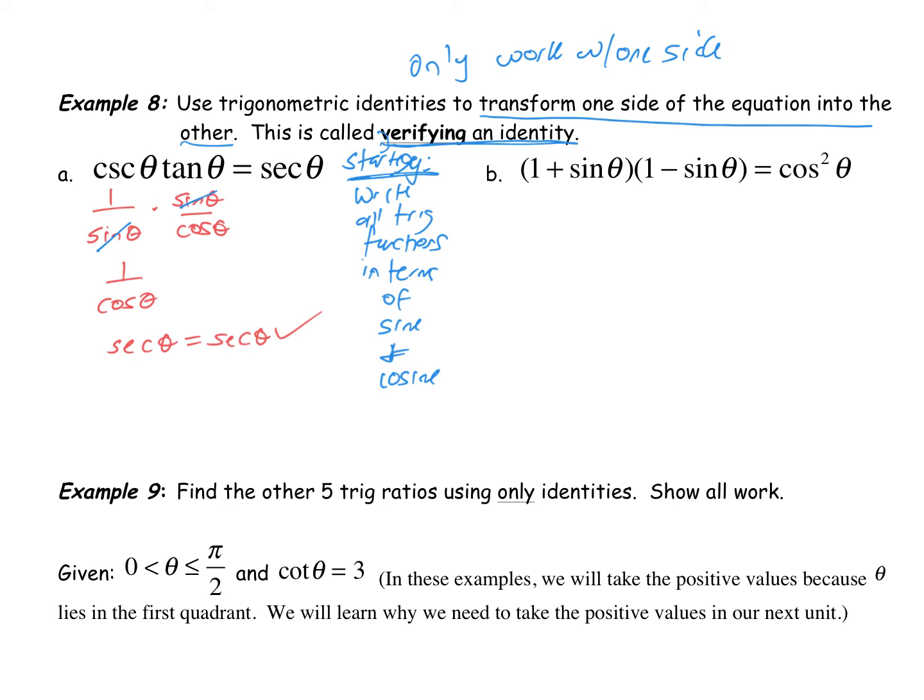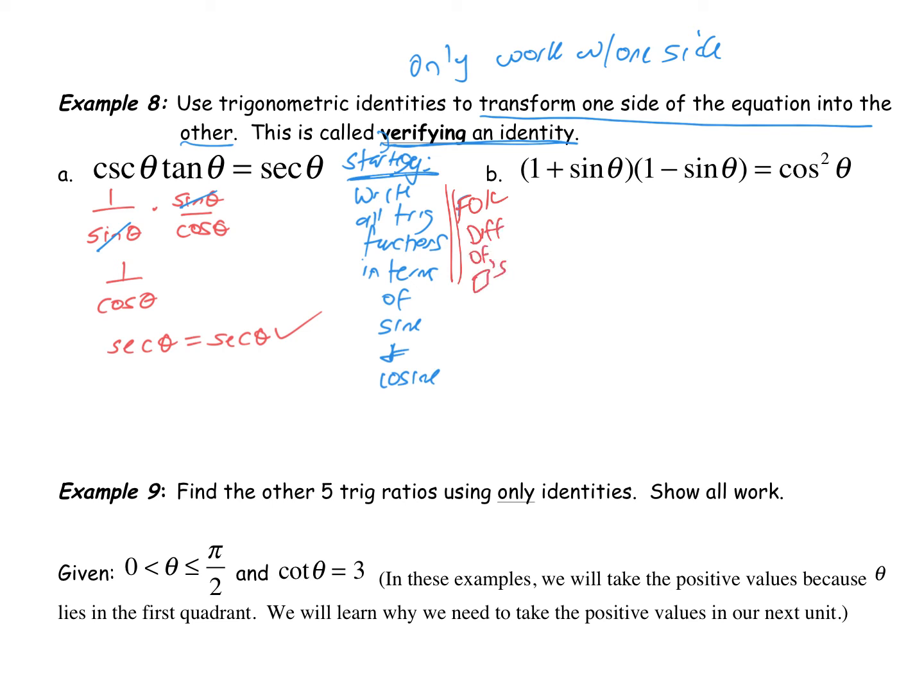If we have 1 plus sine theta times 1 minus sine theta, we can expand this, or we can FOIL this. You'll notice that this is actually a difference of squares. So we can FOIL this out or recognize the difference of squares pattern as our first step.